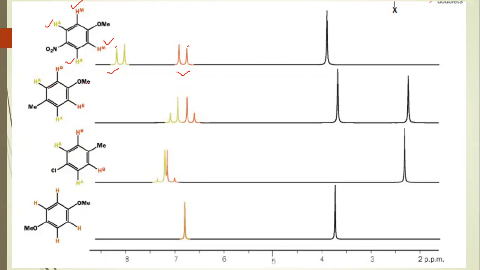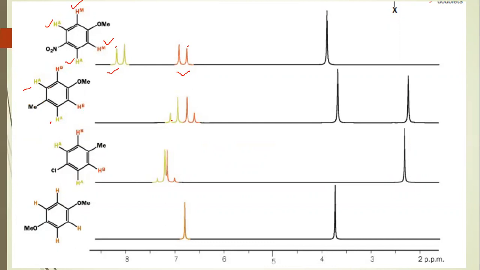Look at this, methoxy has an electron donating resonance effect, but at the same time it has an inductive effect also. And this methyl group has an electron donating inductive effect, but the effect is not very large. So that's why these protons are deshielded as compared to the B protons.